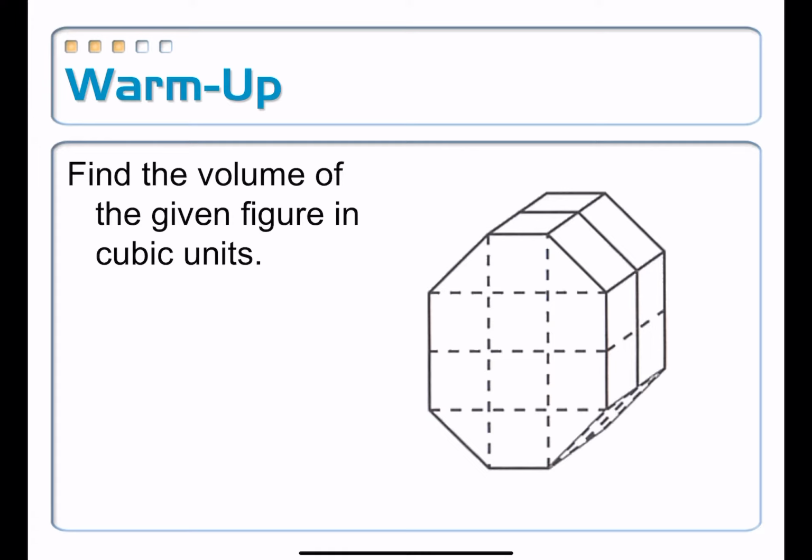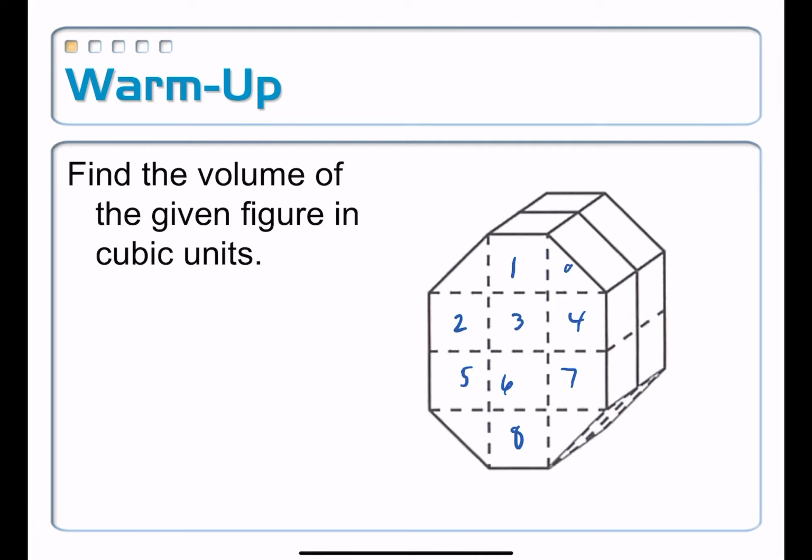So all I have to do really is just count these things up. For example, I can go 1, 2, 3, 4, 5, 6, 7, 8. Oh, but what am I supposed to do with these two halves right up top here? I could put both of them together, like we've done with composite figures. Just put this one with that one to make a whole one.